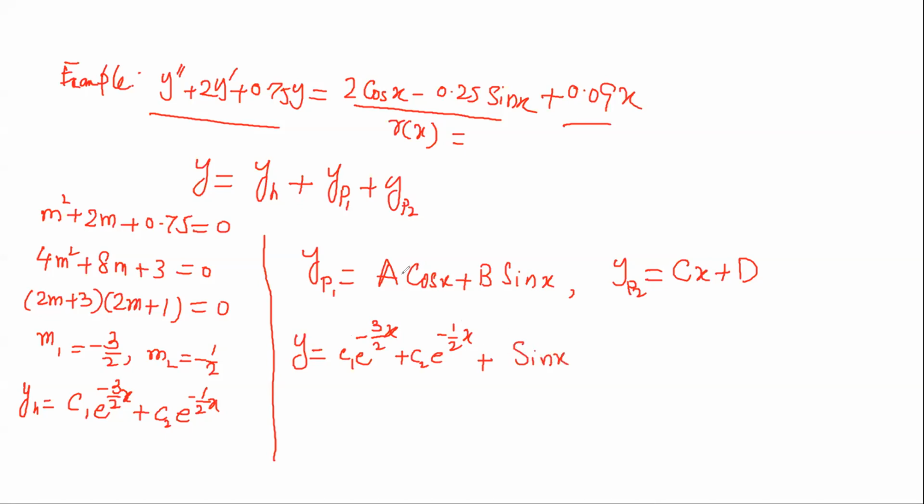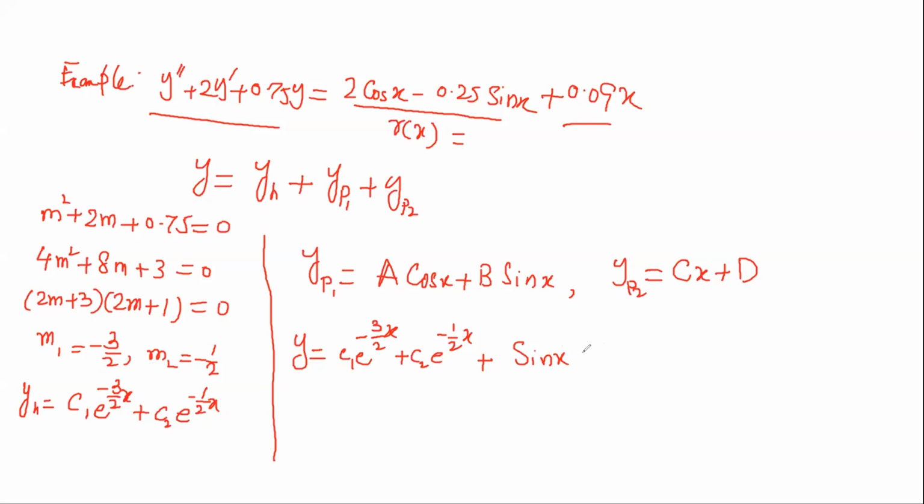Why only sine x? Because from the method of undetermined coefficients, you will find that the value of A will be 0. But of course, it is not always the case. It is only in this particular situation that you can say that. So for a general solution, it will be sine x plus sine x, something like this.